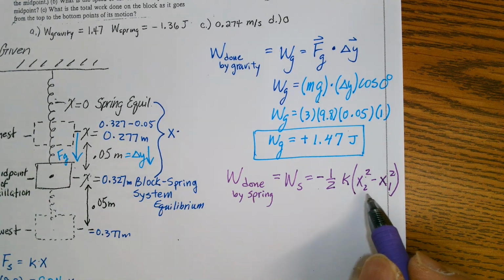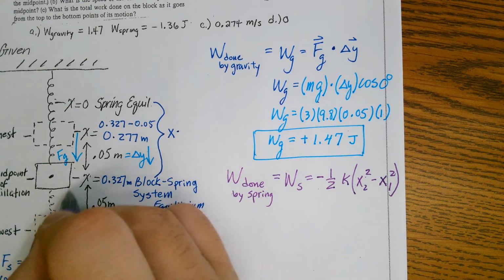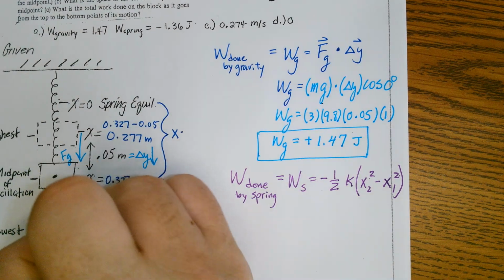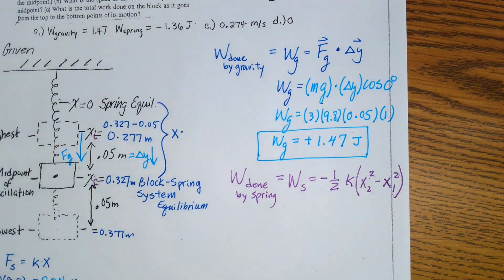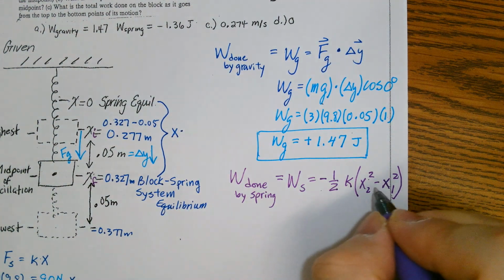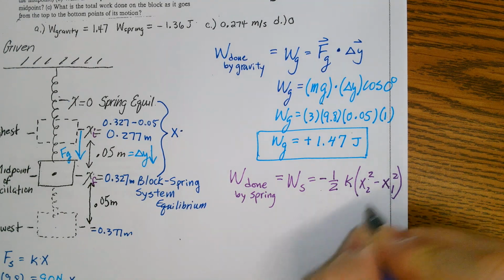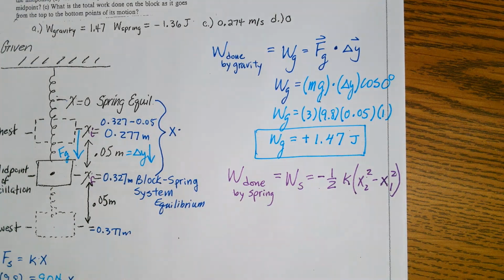Okay? So where's my x2? My x2, x final, is here. So this is my x final. And here's my x initial. All right? So if you want to, you can replace the 2 and 1 as final and initial.